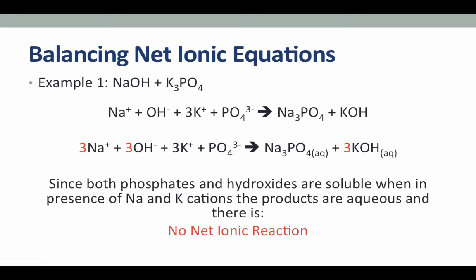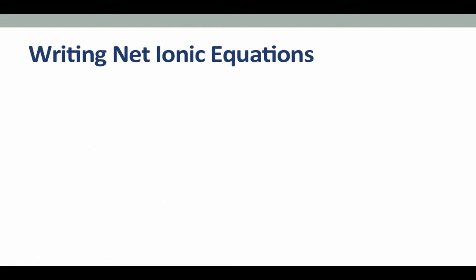Since both sodium phosphate and potassium hydroxide are soluble, these products are both aqueous. In this case, the result would be no net ionic reaction, since the products would look identical to the reactants. They would all just be in their ionic form floating around in our solution. No precipitate will form. Let's try another example.